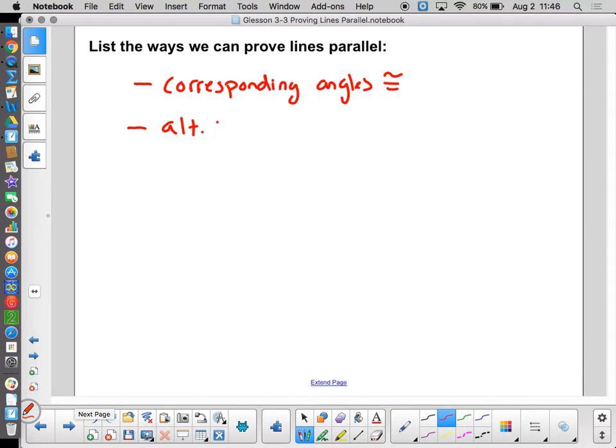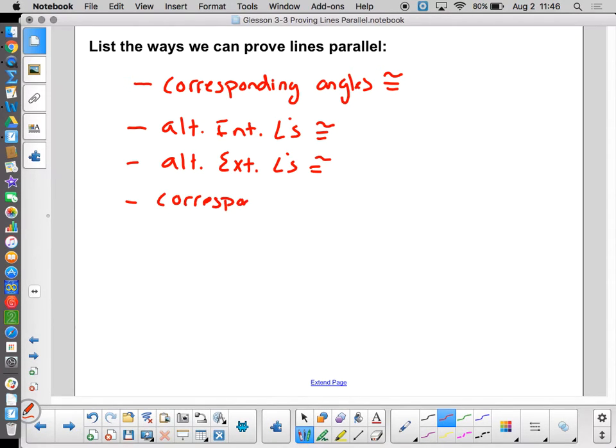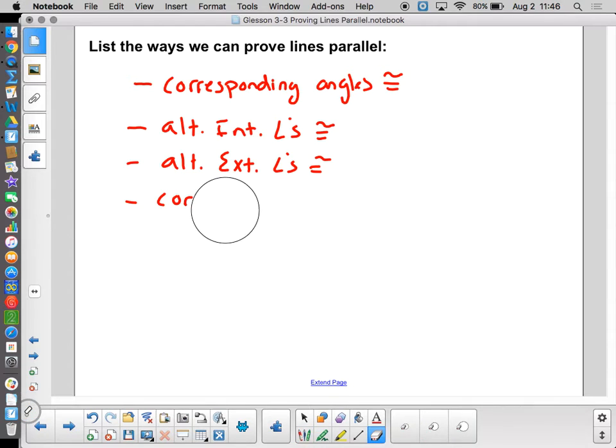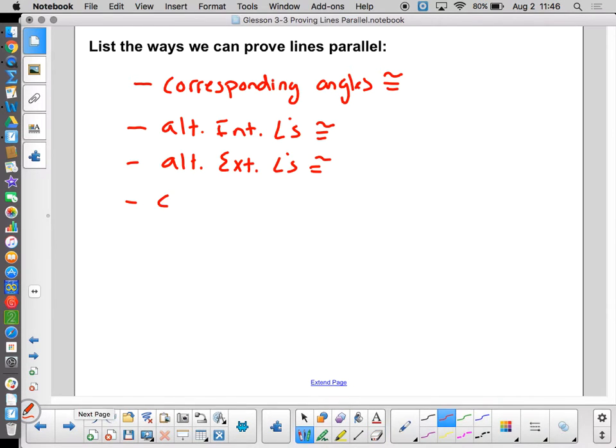If the alternate interior angles are congruent, if the alternate exterior angles are congruent, the lines must be parallel. If consecutive interior angles are supplementary, then the lines are parallel.